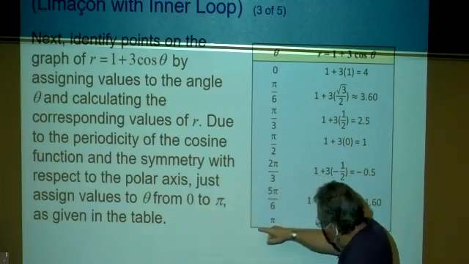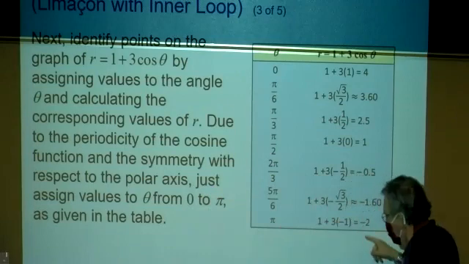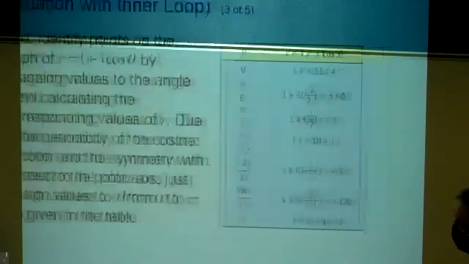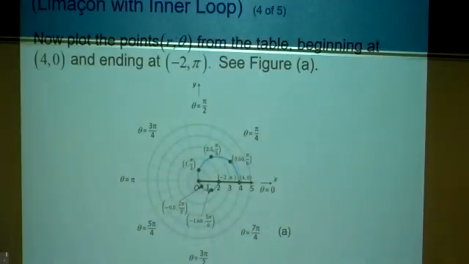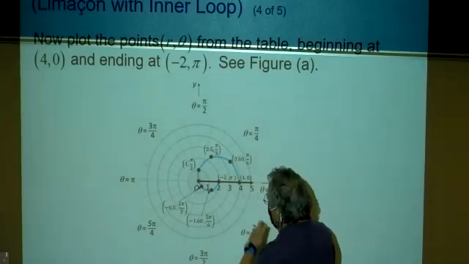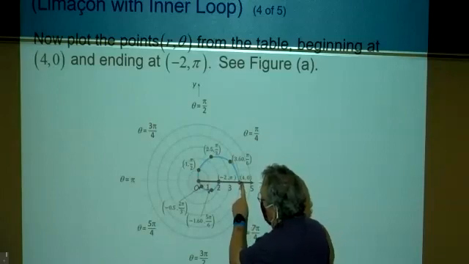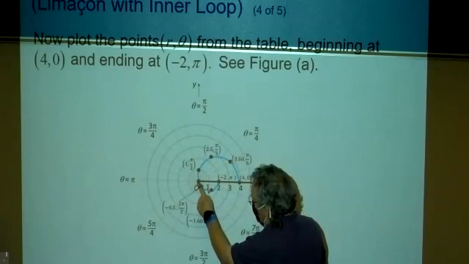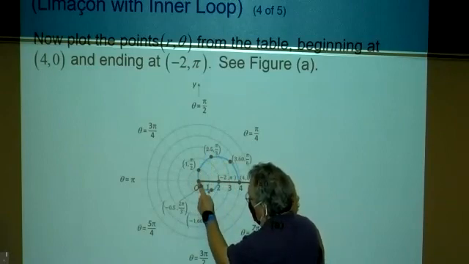So instead of going to the left, we're going to end up going to the right. And that's what it looks like. So that's the first half. These points just get plotted normally.